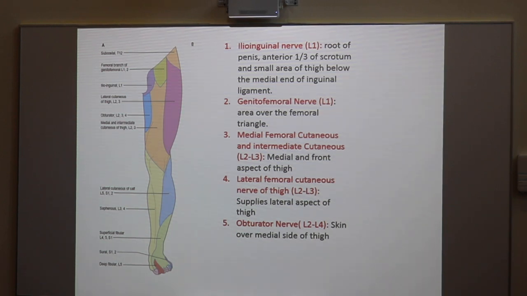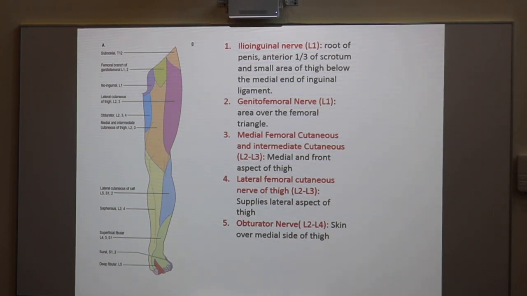And why this is important is because when you confront a patient who comes in and says, okay, I have loss of sensation on the lateral aspect of the thigh, you need to look at the segments of the spinal cord which are involved, like the lateral femoral cutaneous supply coming from L2 and L3.